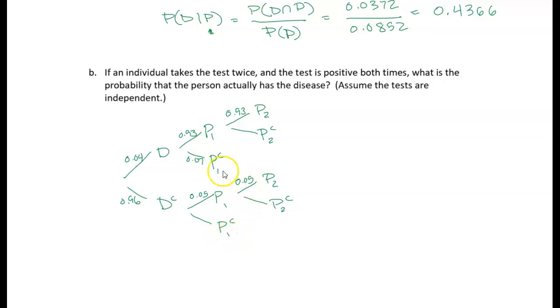So we're looking for the events where you test positive twice. We're looking at this sequence of events where you test positive both times. And we want to know, given that you test positive twice, what's the probability now that you actually have the disease?